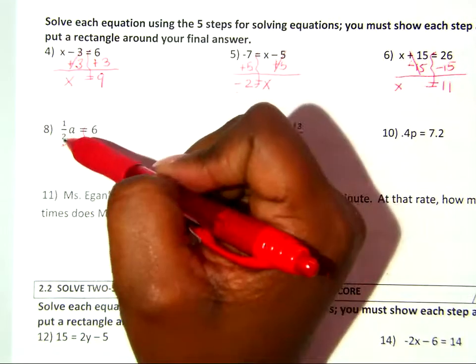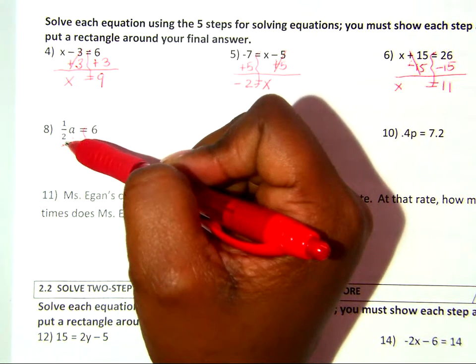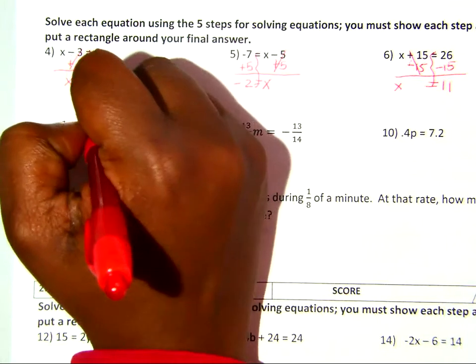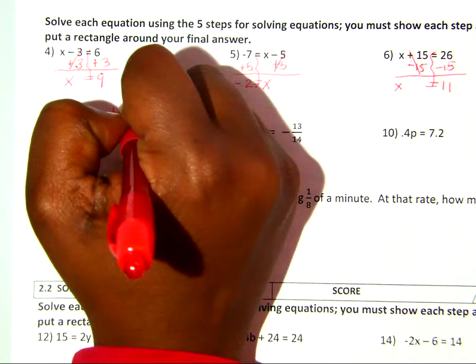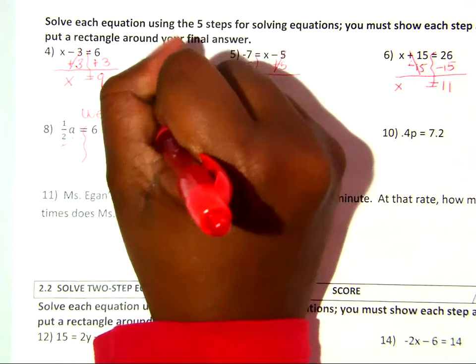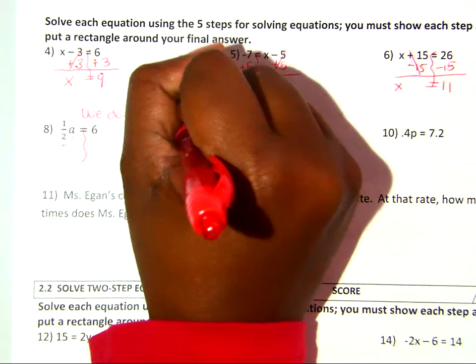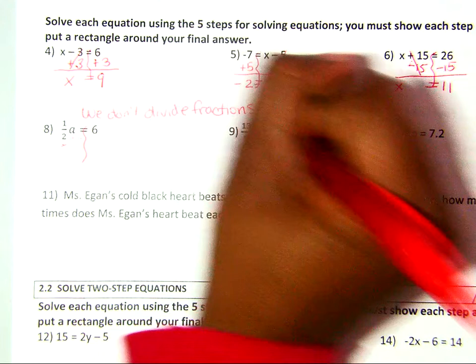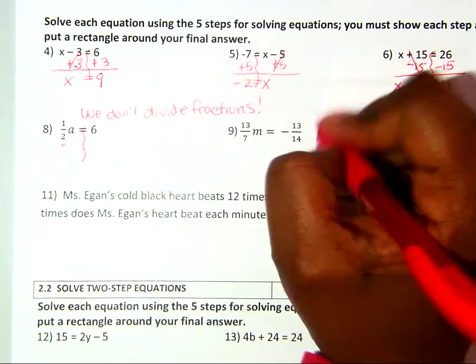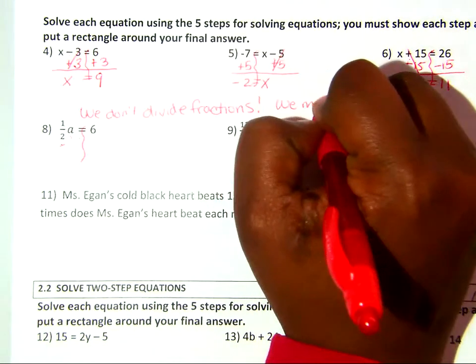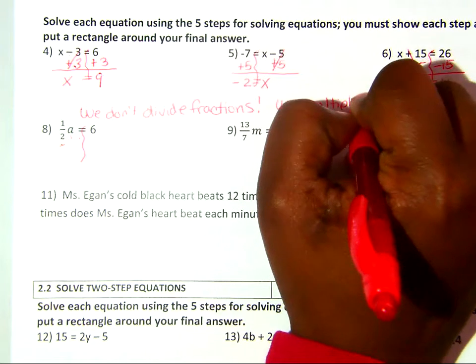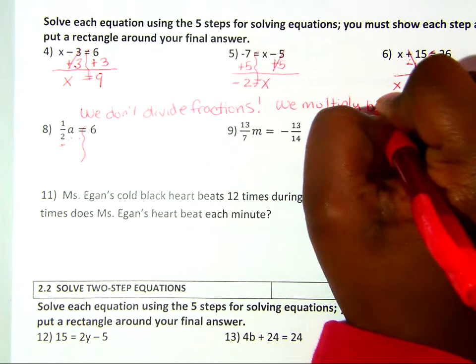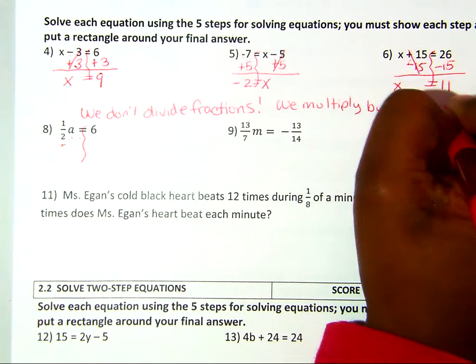So the reverse would be division, but we don't divide fractions. Let's write a note. We don't divide fractions. We multiply by the reciprocal.